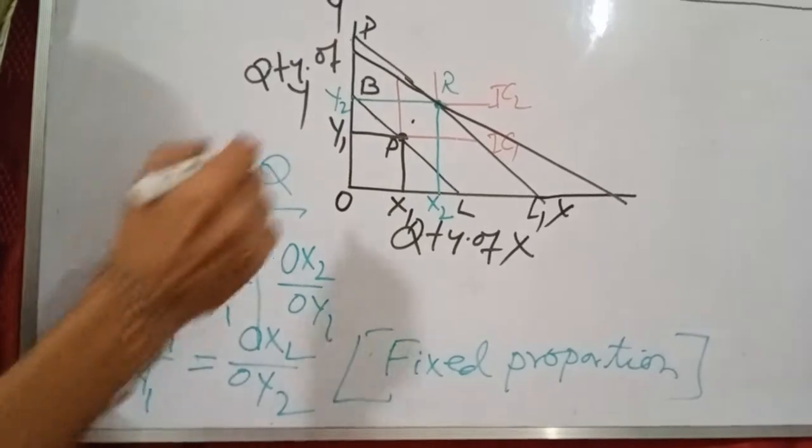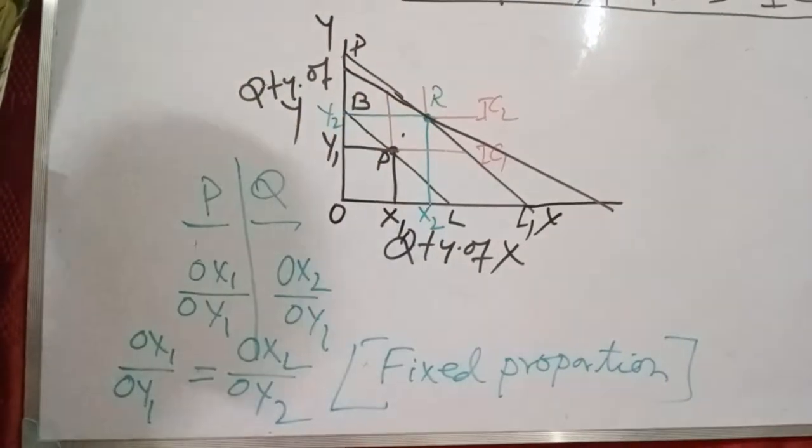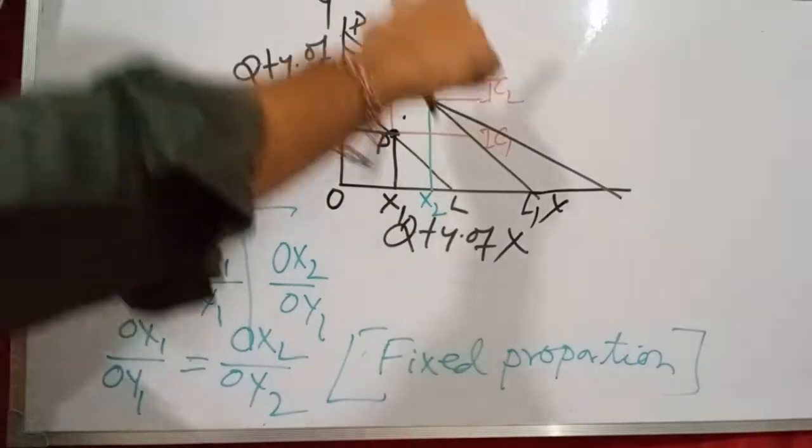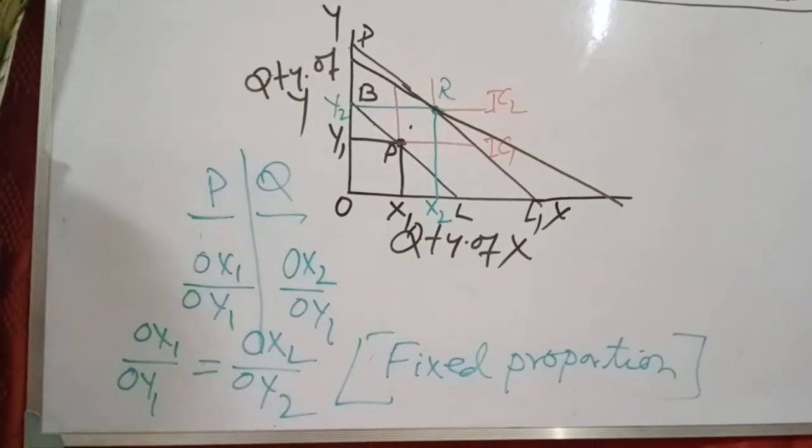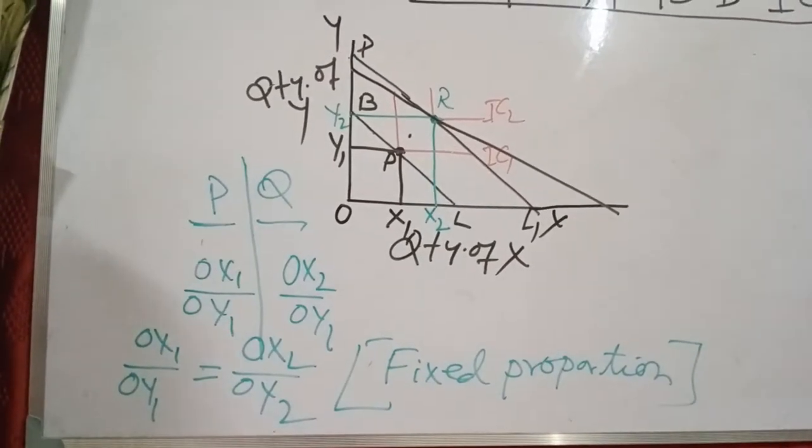So this is also a corner solution when the indifference curve is right angled. Okay?